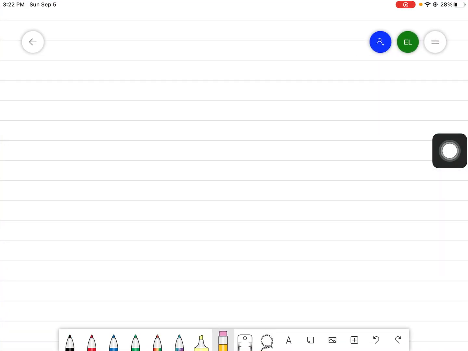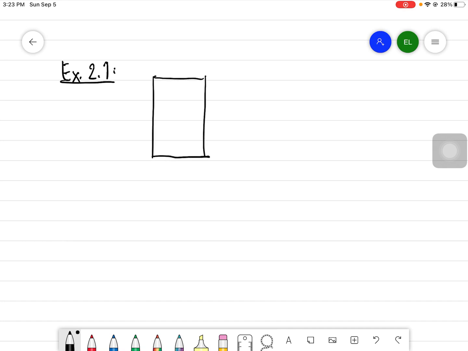So for example, we have example 2.1. Let me draw the section. So this is our section. We have B equal to 400 mm and H is 600 mm.